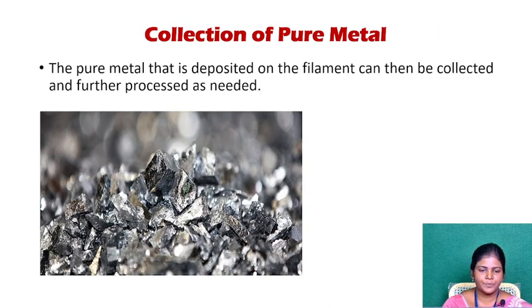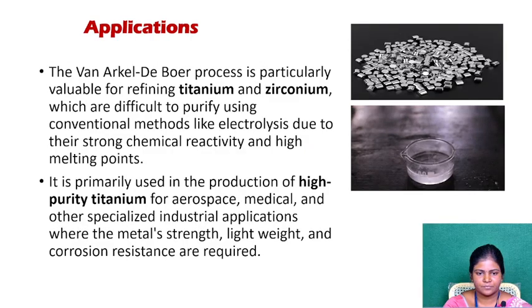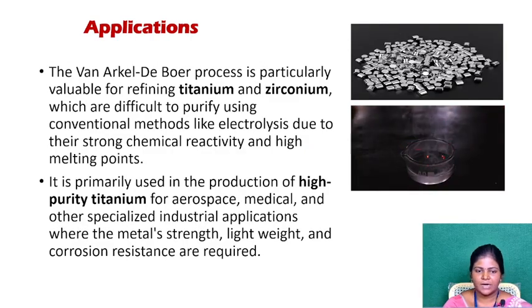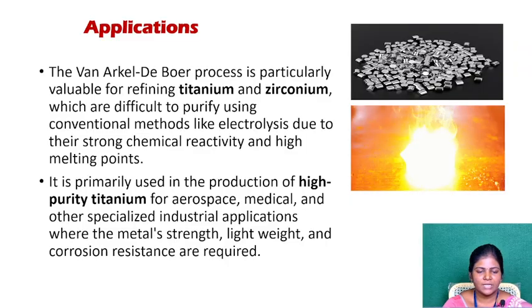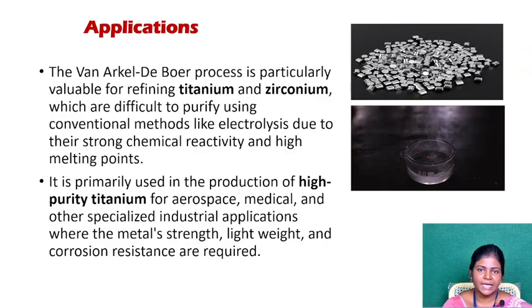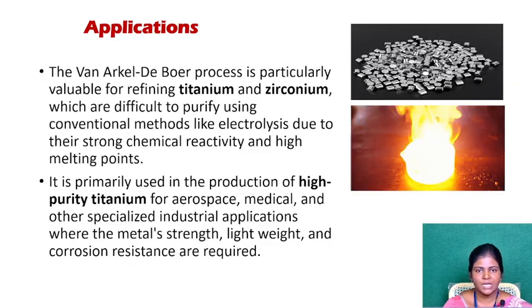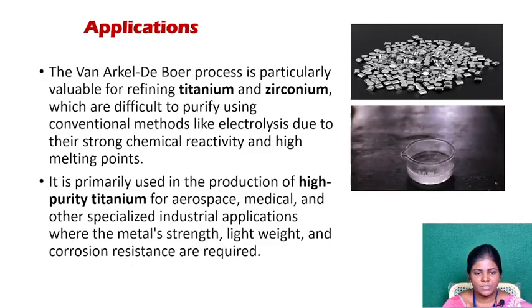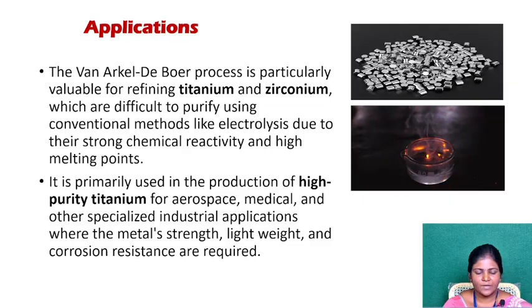Then collection of pure metal. The pure metal that is deposited on the filament can then be collected and further processed as needed. The Van Arkel de Boer process is particularly valuable for refining titanium and zirconium, which are difficult to purify using other conventional methods. This is the more effective method.